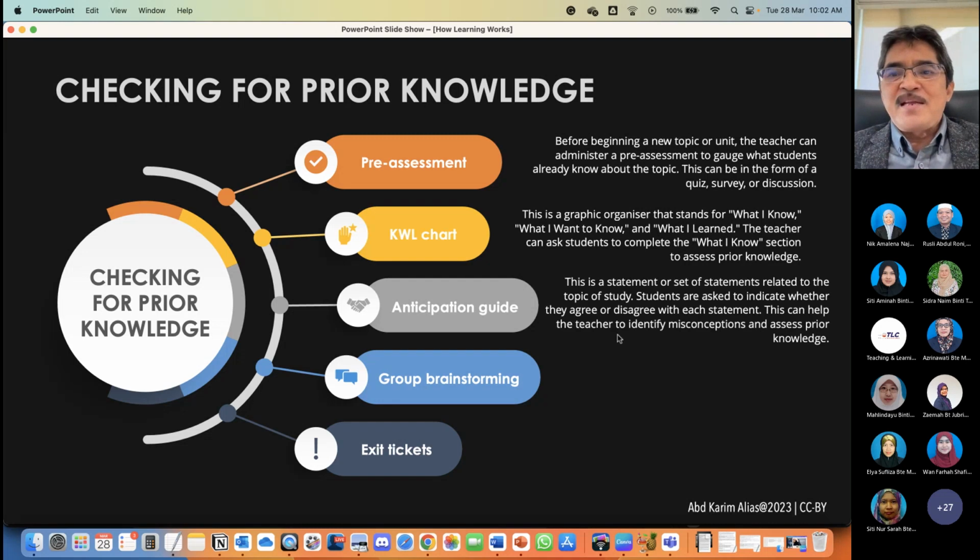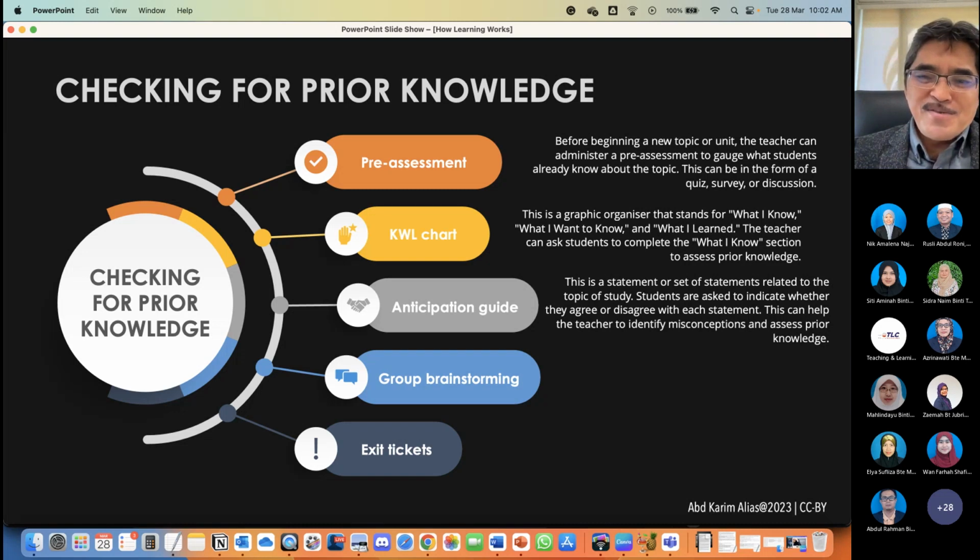Kemudian of course ada yang lain-lain seperti ini, anticipation guide. This is a statement or set of statements related to topic of study. Students are asked to indicate whether they agree or disagree with each statement. This can help the teacher to identify misconception and assess prior knowledge. Agak-agak apa tool yang kita boleh gunakan di sini?